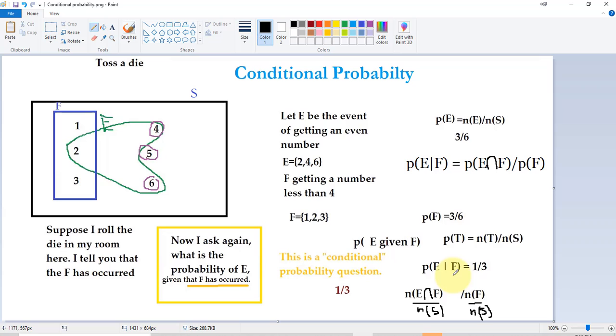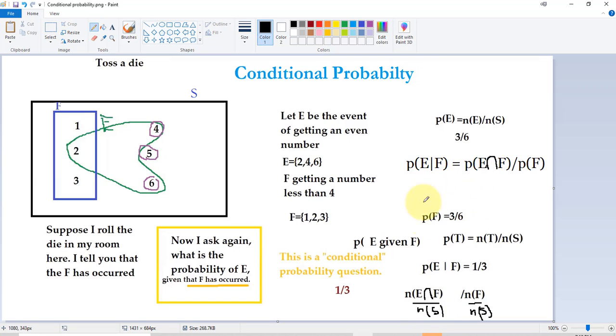So I showed that this thing is this, and this thing is this. The probability of E given F was equal to N of this divided by N of this, but then we divided both the top and the bottom by N of S, and we saw that this part can be written like this, and this part can be written like this.